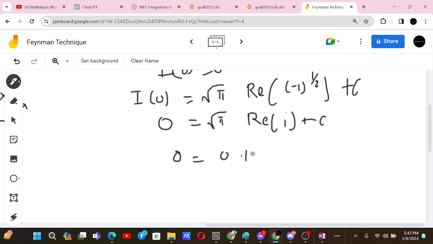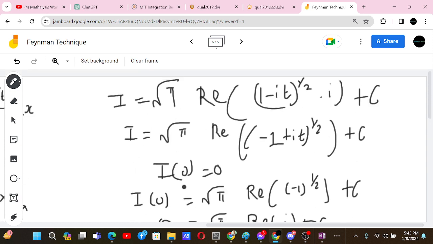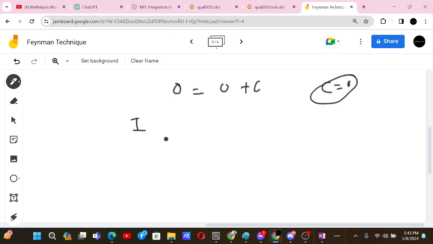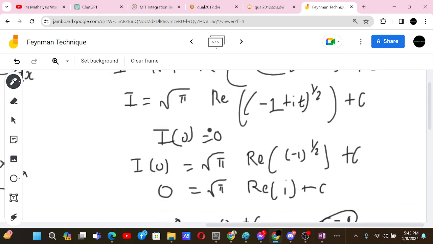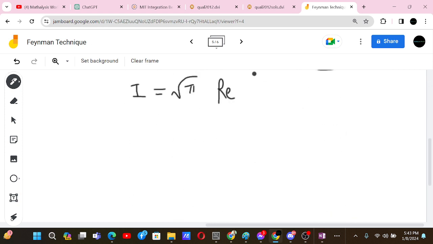So 0 equals 0 plus c, that's why c equals 0. Now we have I equals root pi times real part of (minus 1 plus it) to the power half.